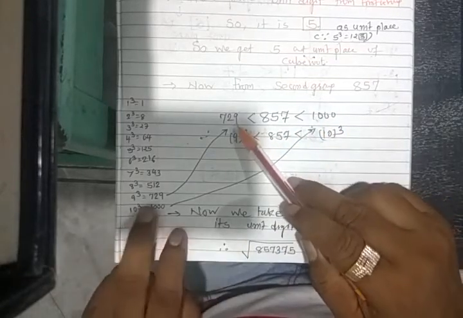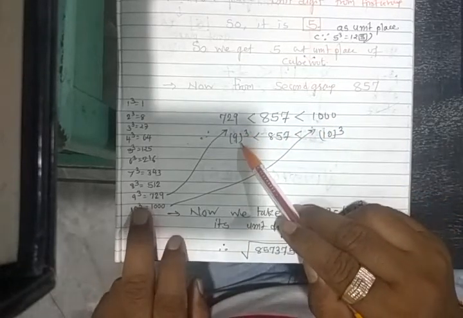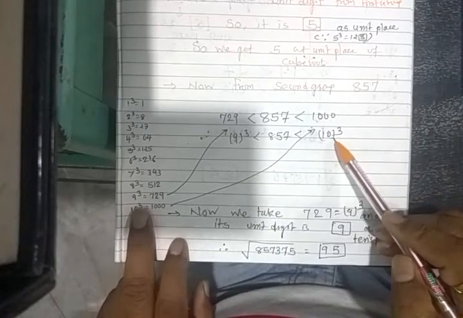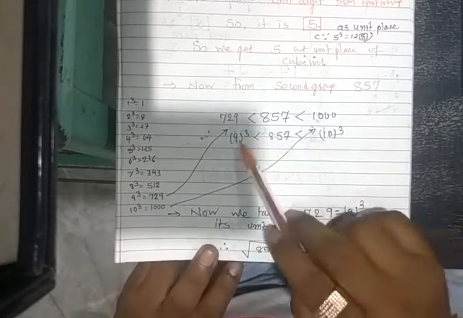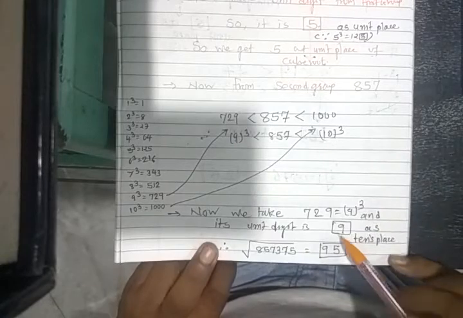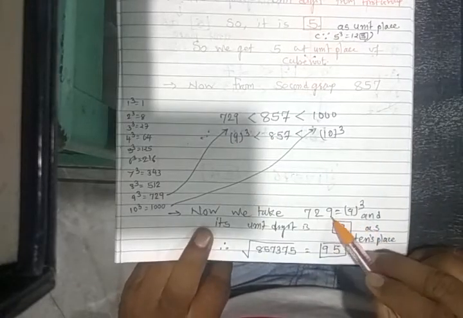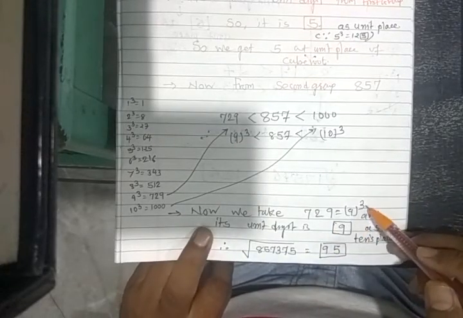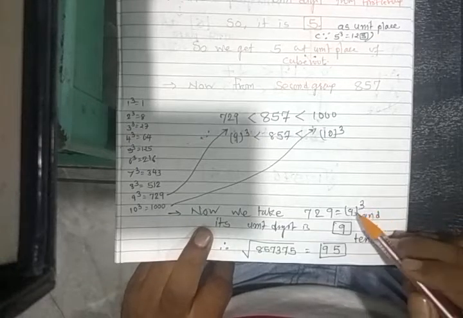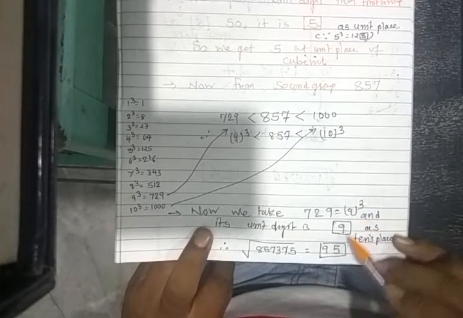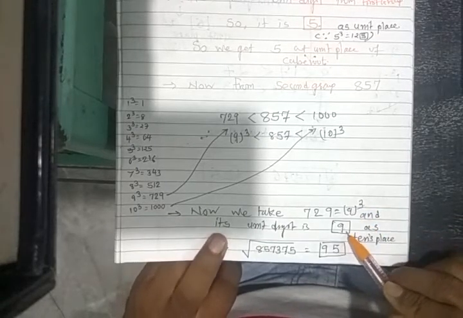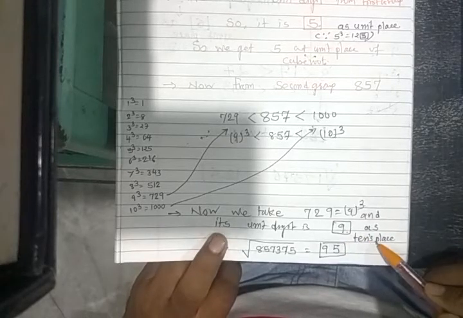Now 729 is 9 cube and 1000 is 10 cube. Now take the smaller number from these two. The smaller number is 9. So now take 729, that is 9 cube, the smaller number, right? So take that number. So 9 you take as the tens place.